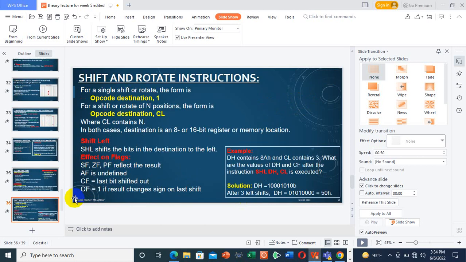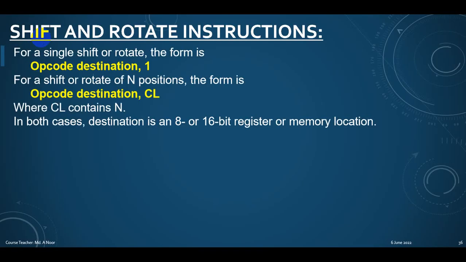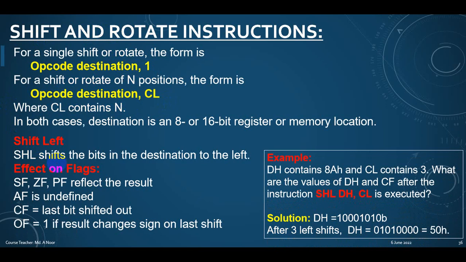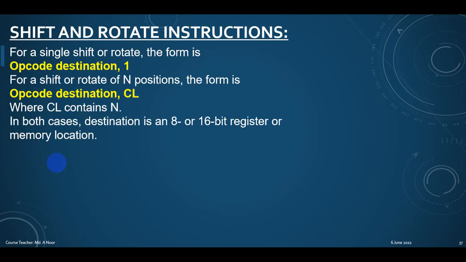Shift and rotate instruction. For a single shift or rotate, the form is opcode destination, 1. Or opcode destination, CL. So these are some examples. SAL is the shift left, and SHR is shift right.